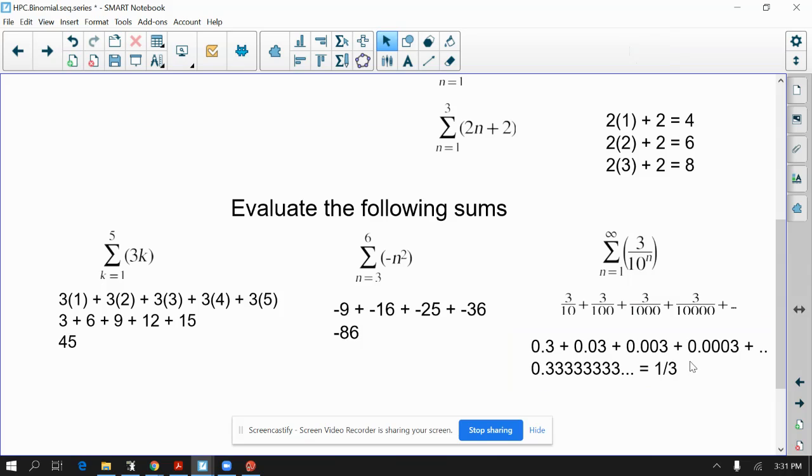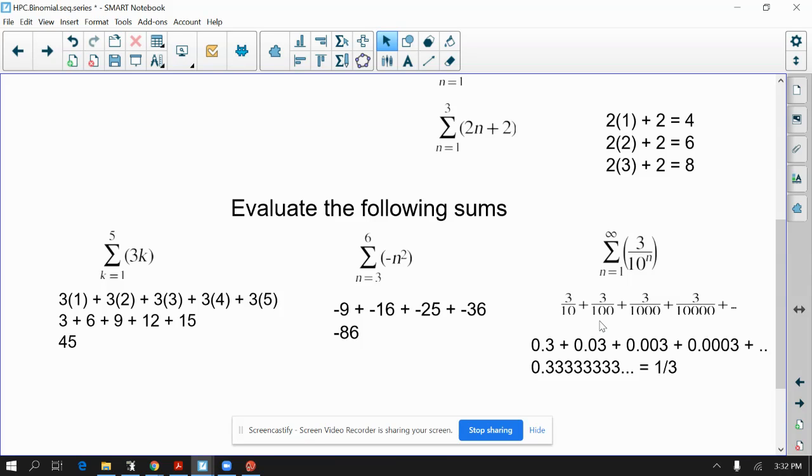So 1/3, hopefully this is kind of interesting to you, but the number 1/3, we all know it's 0.3 repeating, but you can write it as the sum of an infinite amount of numbers.